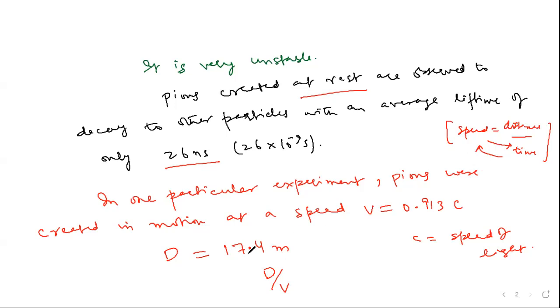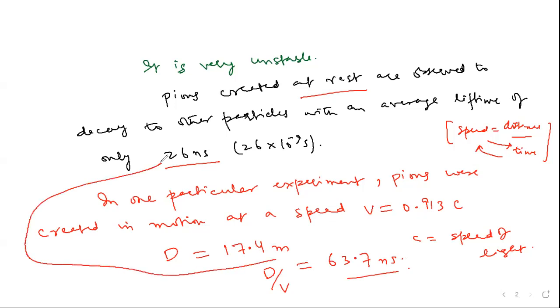That means if you divide 17.4 meters by this much speed, you can check it, 63.7 nanoseconds. Much larger than the lifetime measured for pions at rest, which is, compare it, 26 nanoseconds.